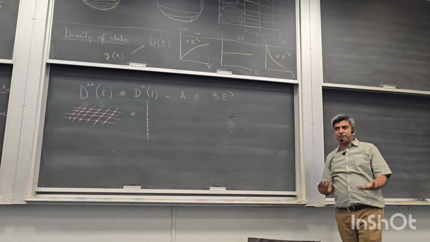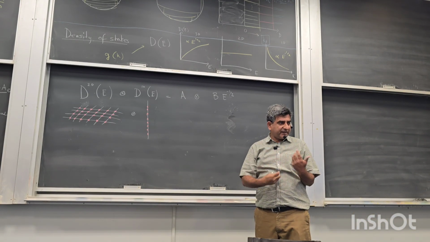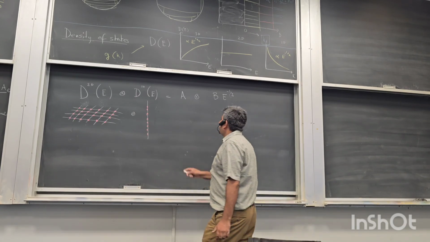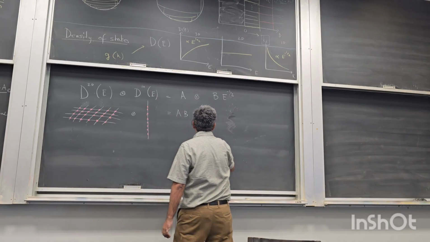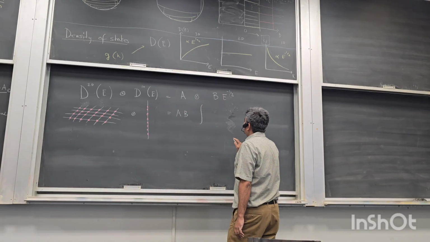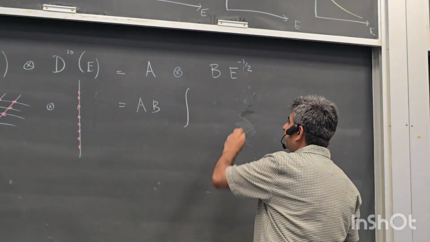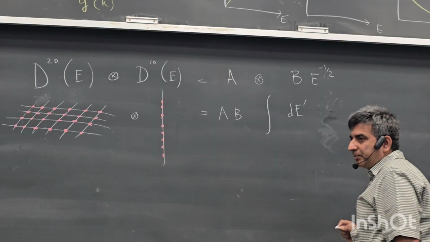So from the definition of convolution, I construct an integral. This is the very definition of convolution. I form a convolution integral. And for that, I just take out the constants A, B, integral. Now, one of the functions, I need an integral over some variable, let's call it E prime.